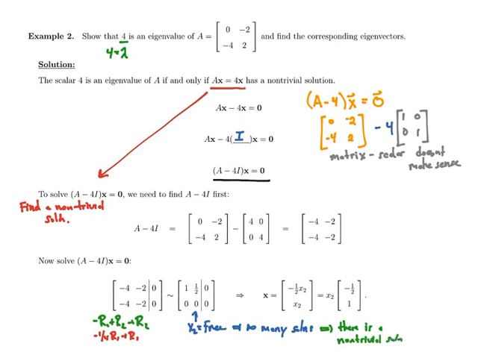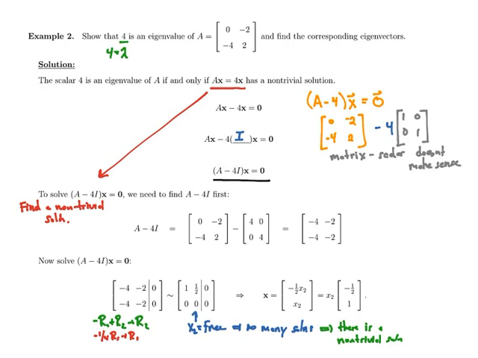Back when we talked about homogeneous and non-homogeneous systems, we said that a homogeneous system always has a solution, the trivial solution. So if there's going to be a non-trivial solution, we have to have infinitely many solutions, which means we need a free variable.